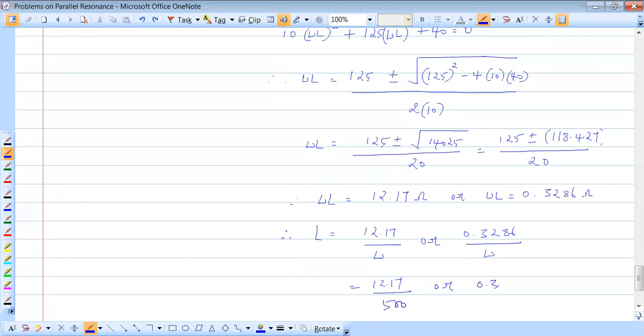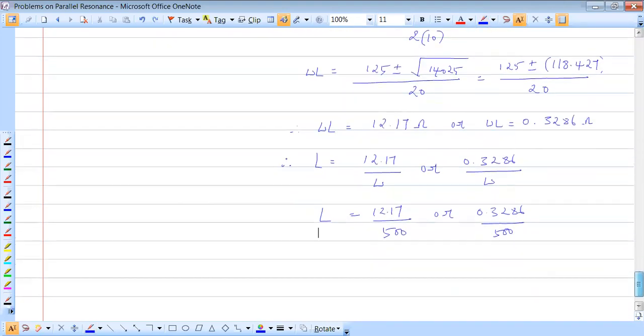So 0.3286 divided by 500 radians per second. So what value of L would we have?